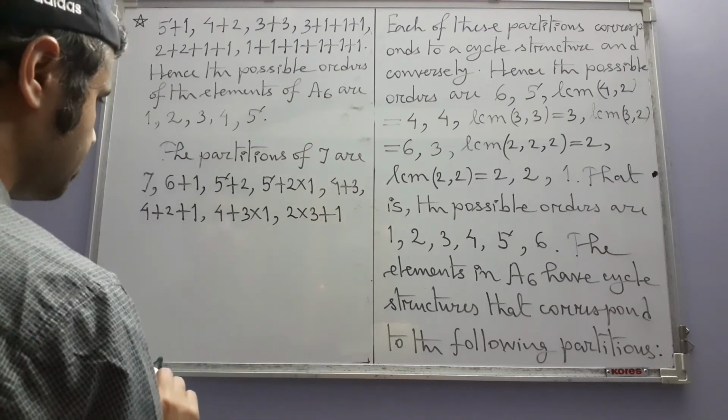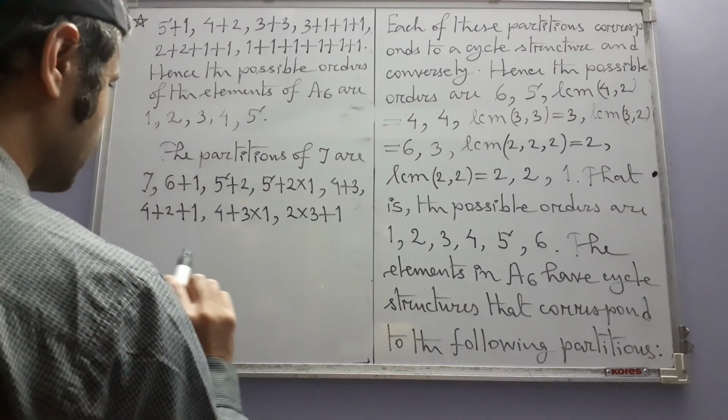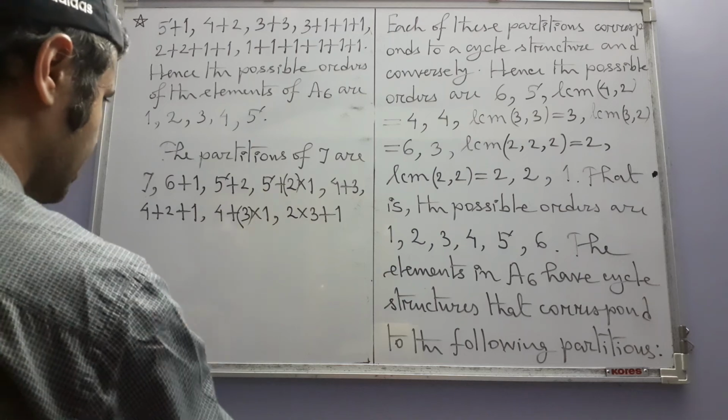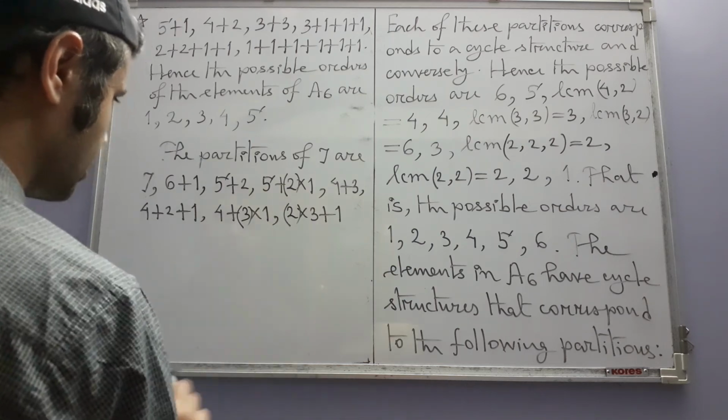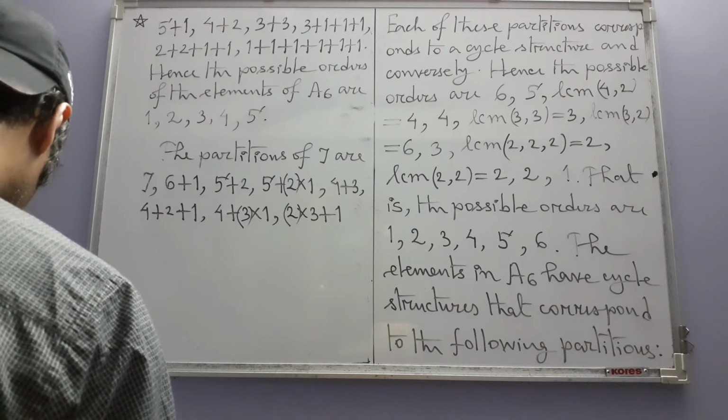So here, to distinguish these times from the numbers themselves, let us put the number of times something occurs within brackets, so that we don't get confused.